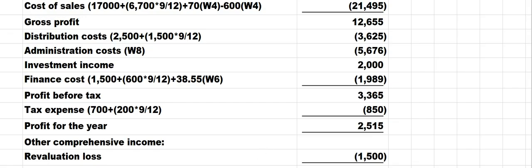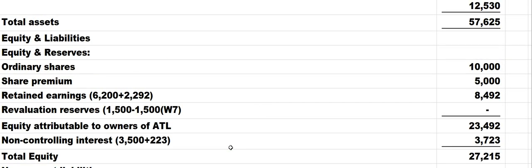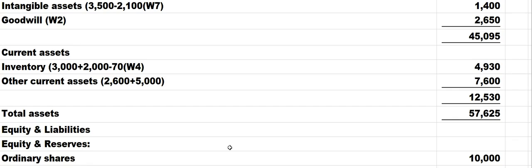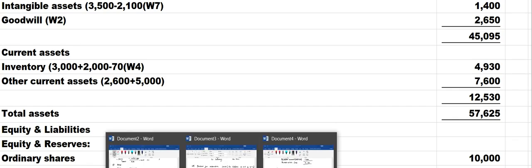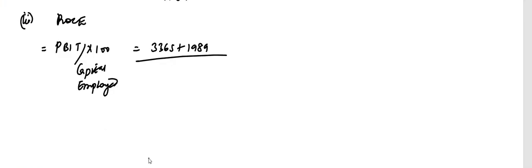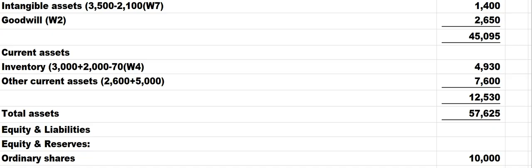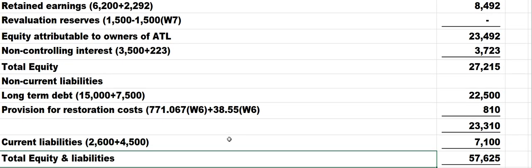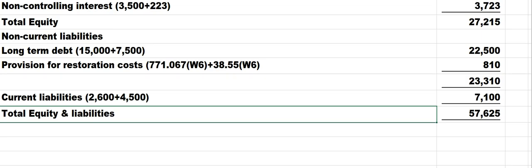Capital employed is the total assets, which is 57625, minus the current liabilities of 7100.